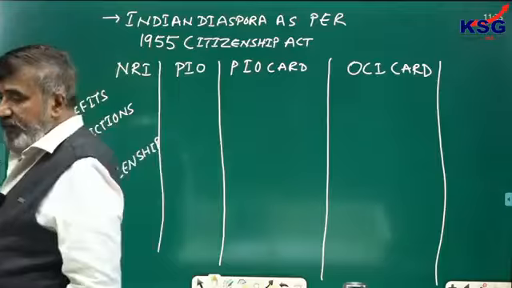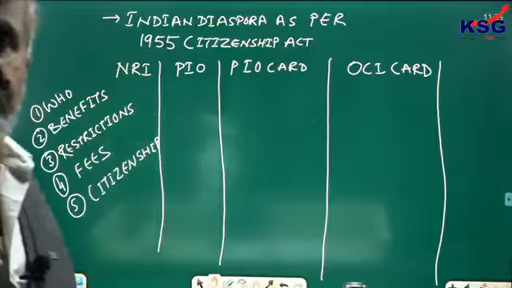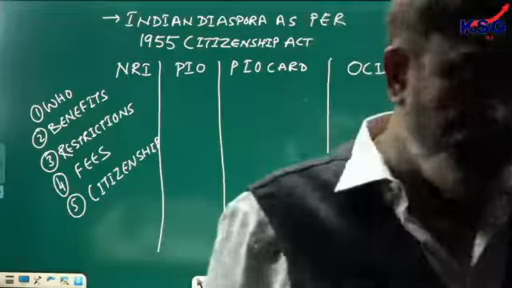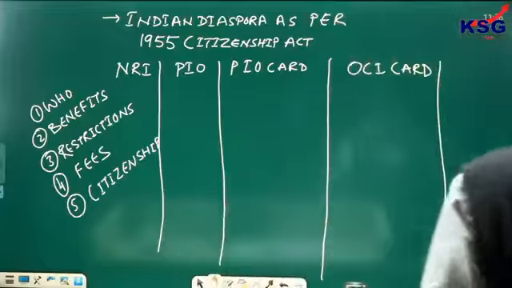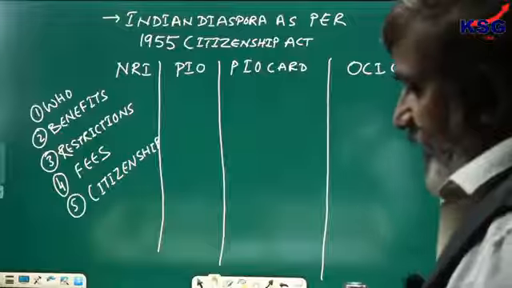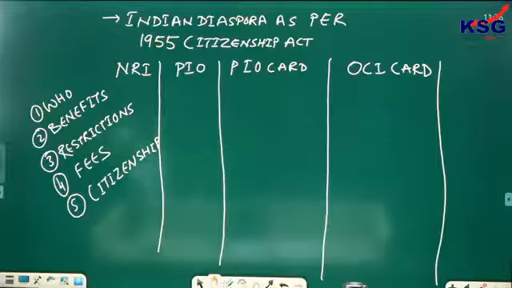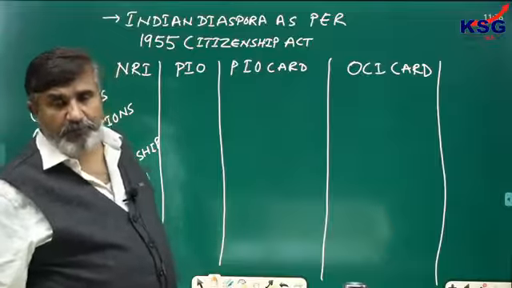For example, the diaspora who were living in developing countries, especially in Asia, Africa and Caribbean countries, did not subscribe to dual citizenship because their countries did not provide dual citizenship. So the government of India was in a fix how to move forward.